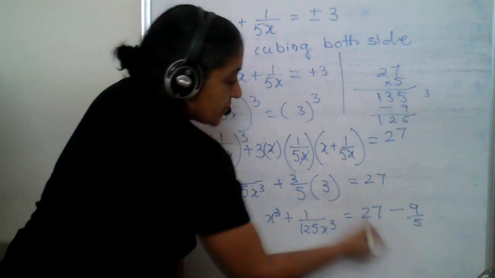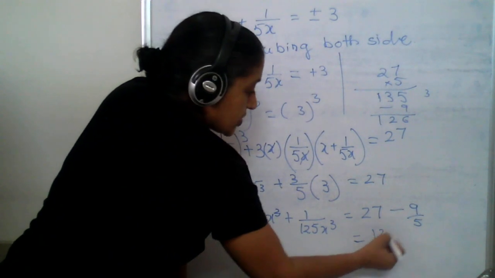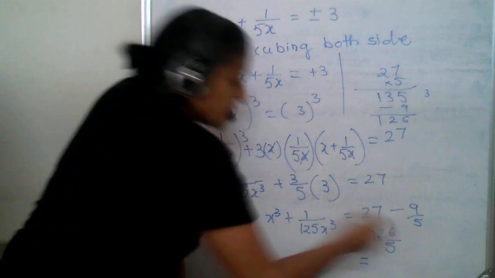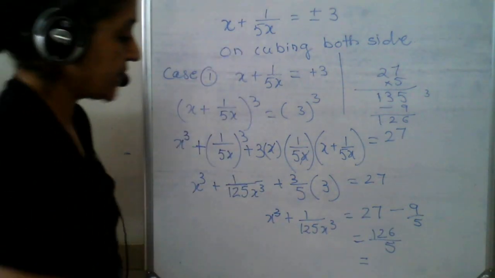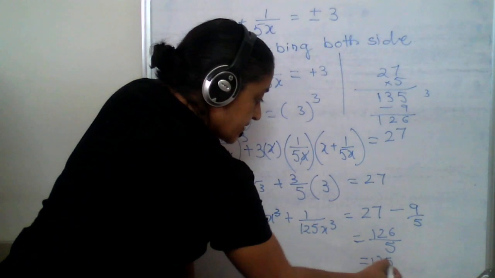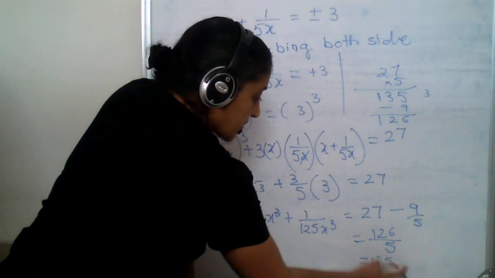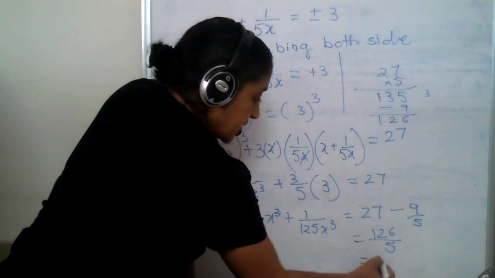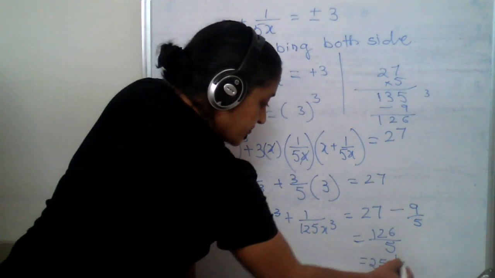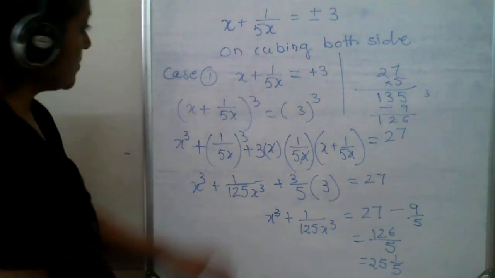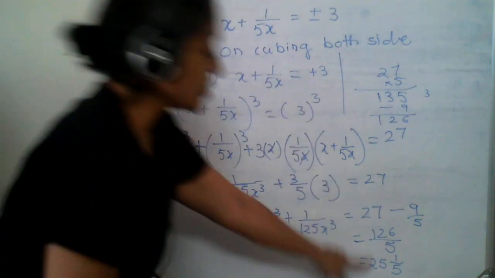Okay, so I'm writing here directly as 126 upon 5. This should be converted into a mixed fraction and written as what? Not 125, 25. 25 fives are 125. So 25 1 by 5. This is the answer. Now you took positive 3 and you reached this answer.